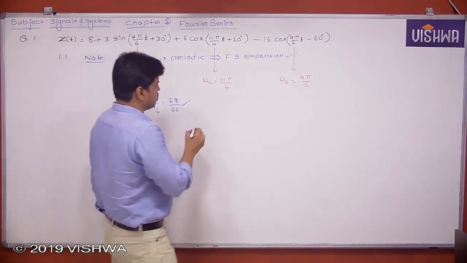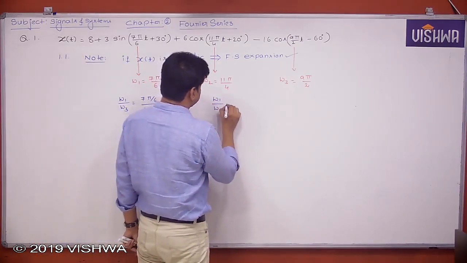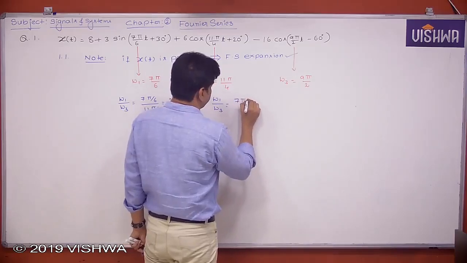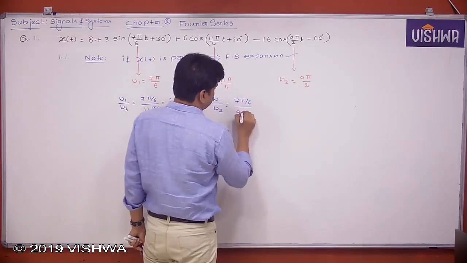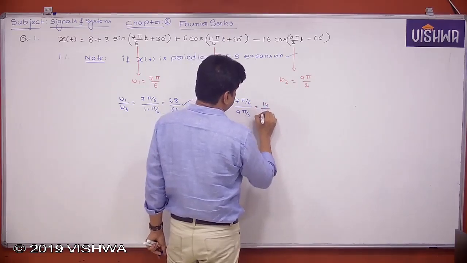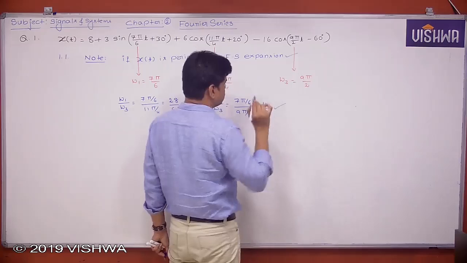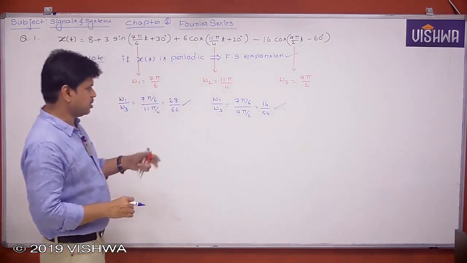Next, omega 1 by omega 3: 7 pi by 6 divided by 9 pi by 2, so it is 14 by 54. So it is also a rational number.